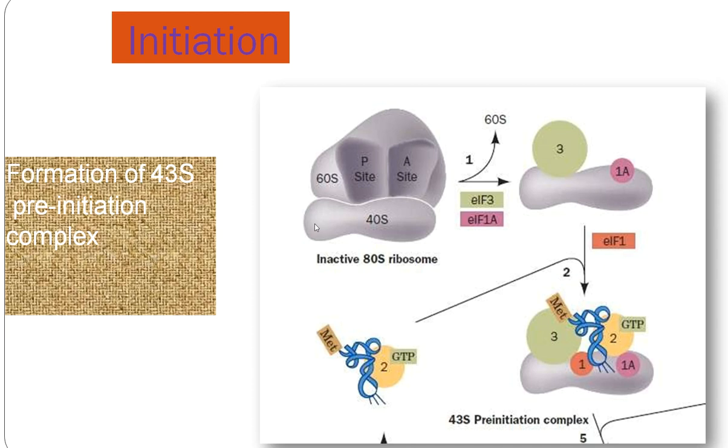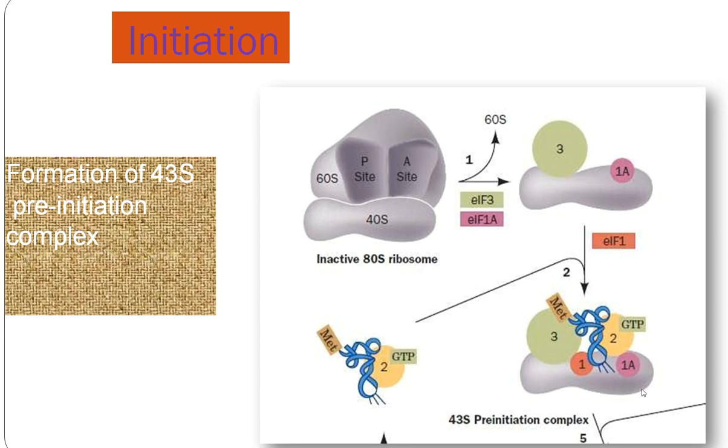Now the second step is formation of the 43S pre-initiation complex. What happens in the 43S pre-initiation complex? Methionine is the starting amino acid in eukaryotes and formylmethionine is the starting amino acid in prokaryotes. So activated methionine, with initiation factor 2 and GTP, forms the ternary complex, and it binds with the stabilized 40S subunit.